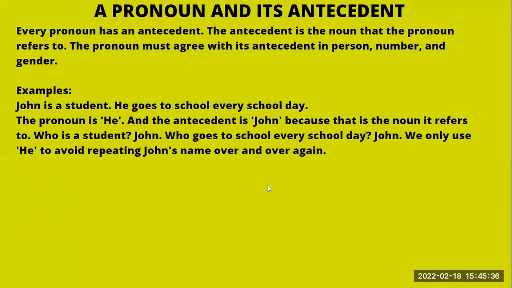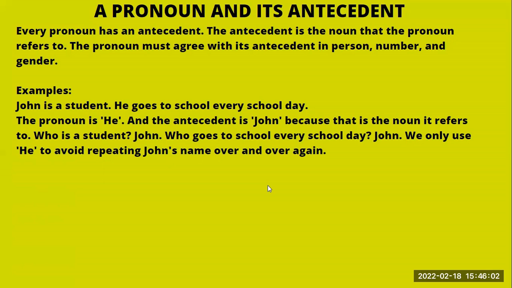You know, we define the pronoun as a word that replaces a noun in a sentence. When we wanted to talk about John, we first mentioned John's name. That first mention of John is necessary. You can't just start talking about someone without naming him or her.